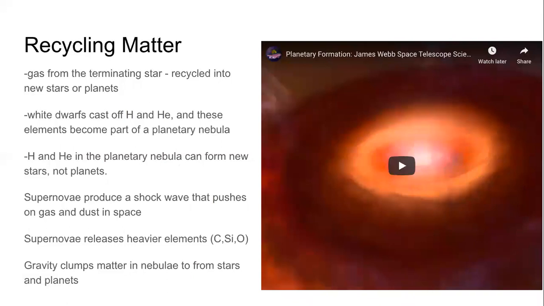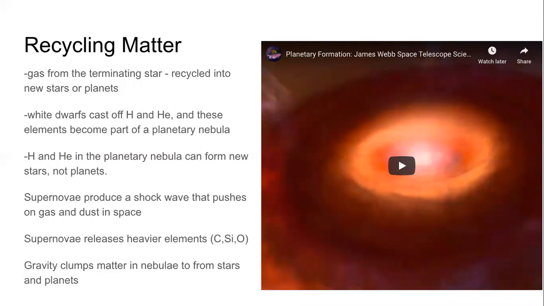Supernovae, which is plural for supernova, more than one, produce shock waves that are so powerful that they push gas and dust in space, and basically push it all together. And I'll tell you this right now also, any elements in outer space that are heavier than hydrogen or helium, like for instance, carbon, silicon, and oxygen, were created as a result of supernovae.